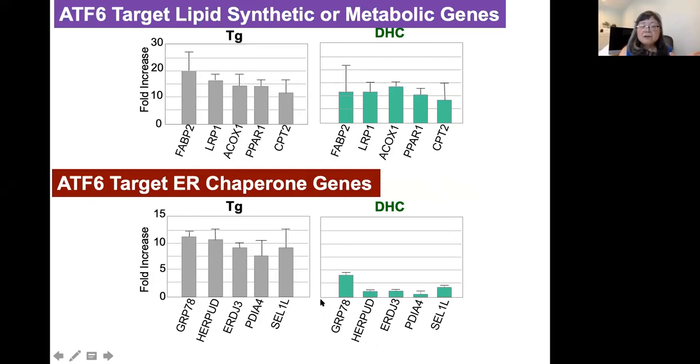The surprise came when we looked at the genes for chaperones or protein folding components. Their transcription doesn't seem to be robustly activated by DHS or DHC. Again, I'm only showing you DHC, but this is also true with DHS.